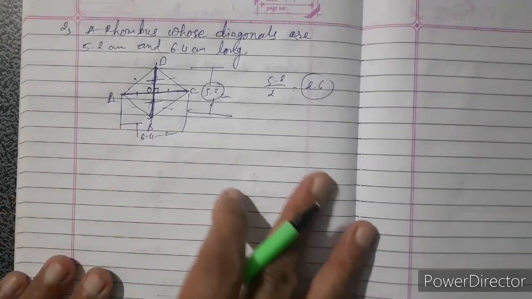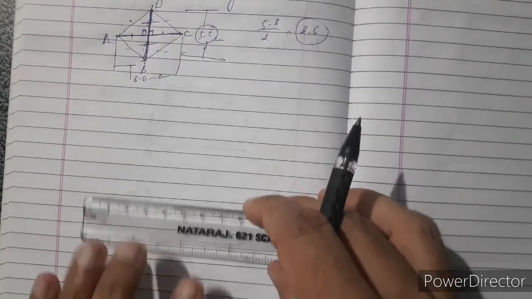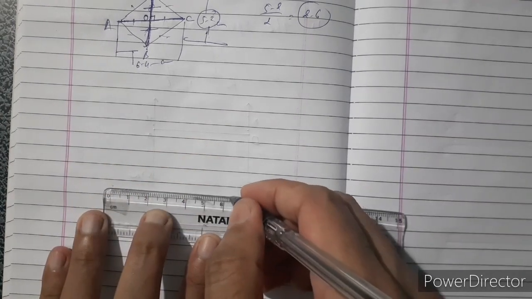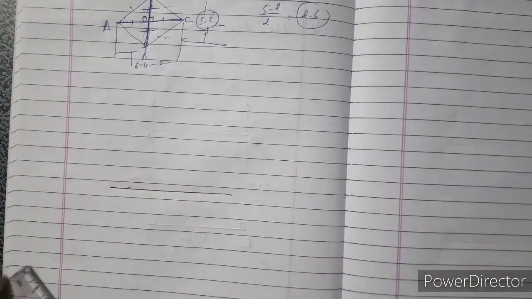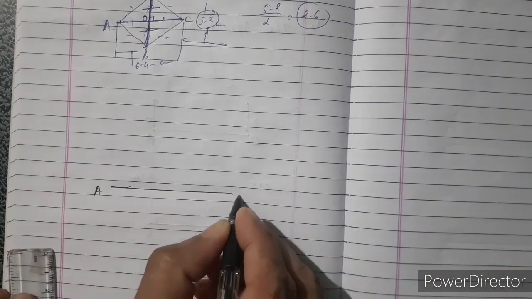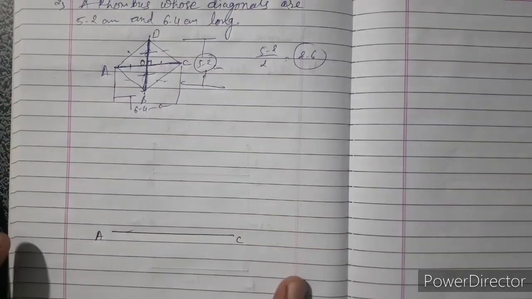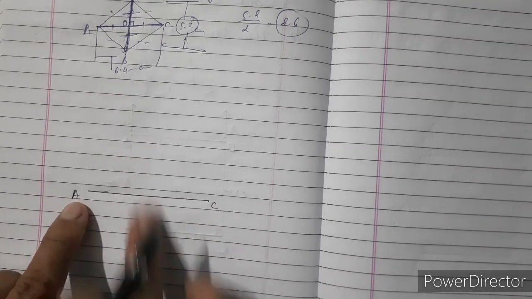Now let me construct AC first, that is 6.4 centimeter. Here 0 and here 6.4, and draw that, that is AC. Now both diagonals are perpendicular bisectors, so draw the perpendicular bisector of AC first.